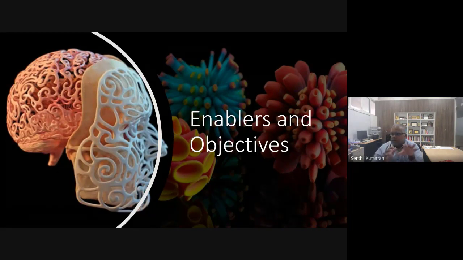These are all variations of the term mass customization. So mass customization means that if I have a design which has a huge number of variations for individual needs.